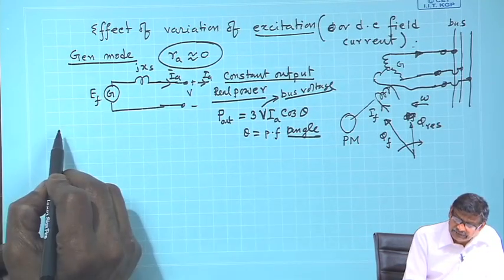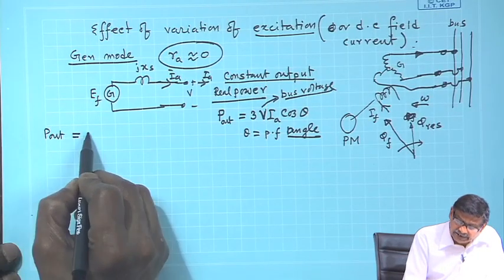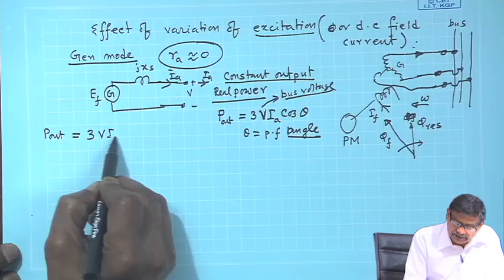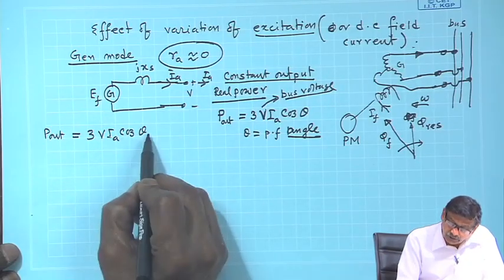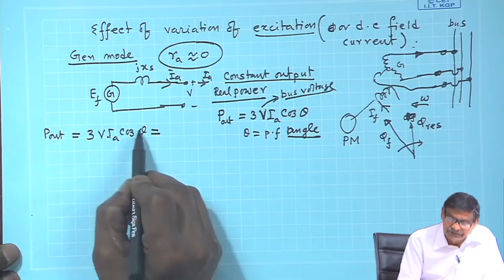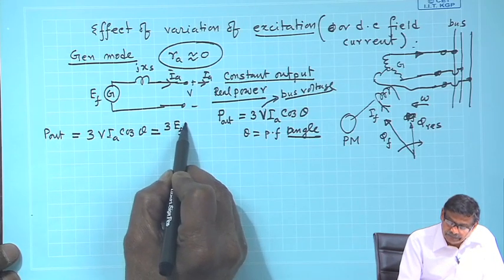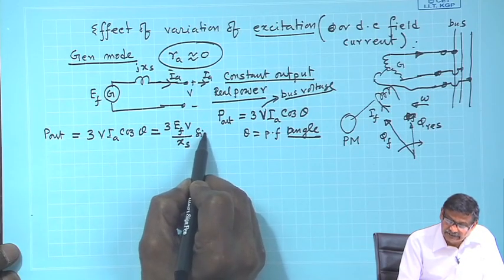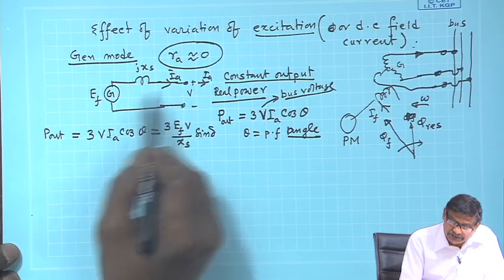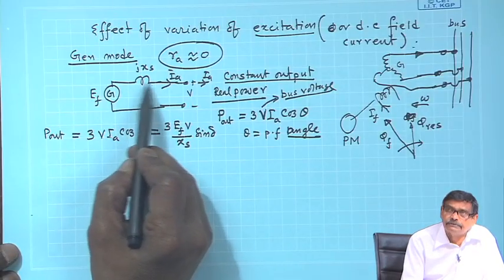Also, I will say that this P output is equal to 3 V I A cos theta, no doubt, from the terminal condition, and I also know this power is 3 E f V by x s sin delta, and these two will be the same, there is no real power drop here.